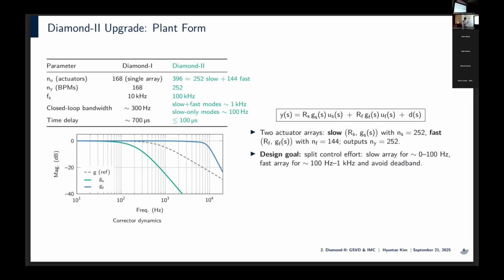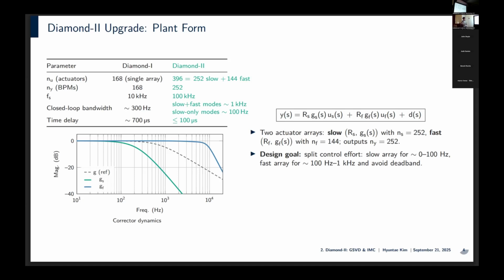The dynamics of the system also changed. G is the Diamond 1 actuator, and this green line and blue line are G for the slow actuator of Diamond 2 and the fast actuator of Diamond 2.